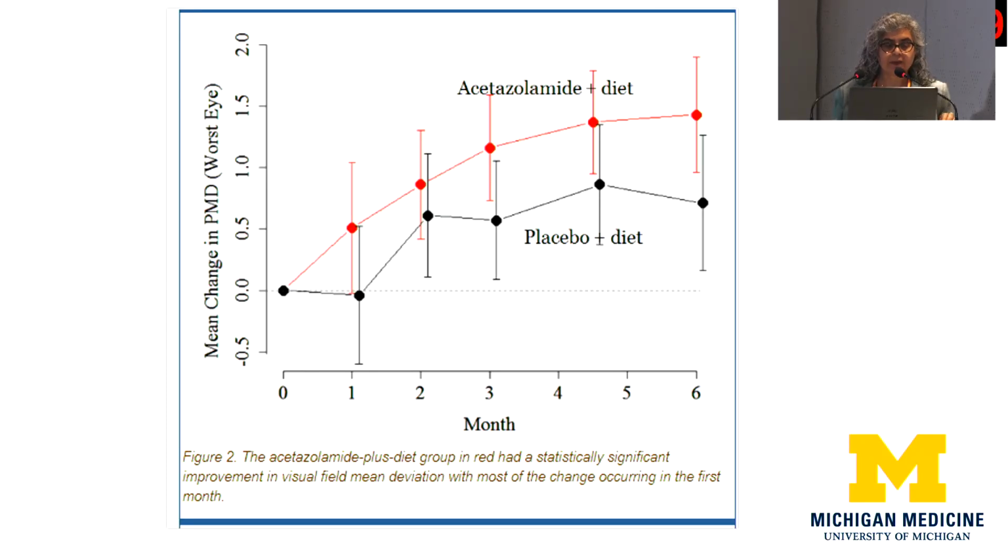Within a month, the acetazolamide group is doing better than the placebo group. So what they showed was that acetazolamide plus low sodium diet led to improved visual outcomes, and also that acetazolamide is safe and tolerable at doses up to 4 grams a day for IIH if tolerated.